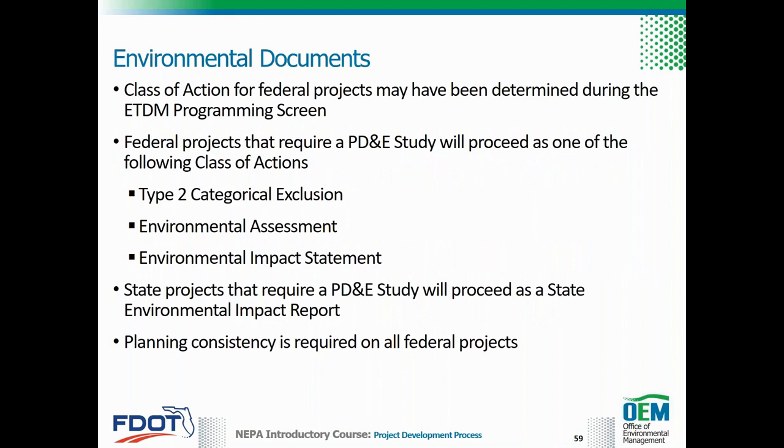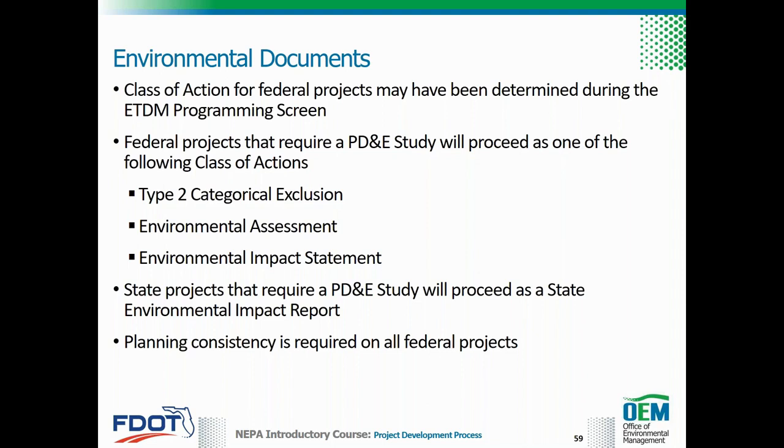The class of action for federal projects may have been determined during the ETDM programming screen. However, a class of action determination is not mandatory prior to advancing a project into the PD&E phase. If the class of action is known, the project may proceed as a Type 2 categorical exclusion, environmental assessment, or an environmental impact statement.